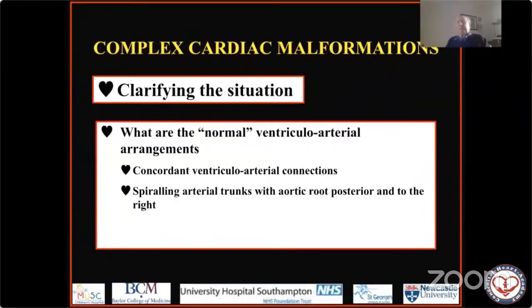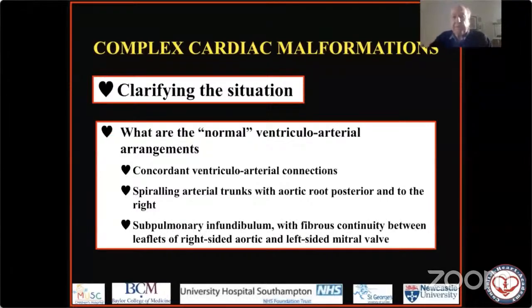But in the normal situation, the usual situation, which we see with right-handed ventricular topology, the arterial trunks are spiraling, but the pulmonary trunk spirals around the aorta, which is located posteriorly and right-sided, so that as the pulmonary trunk leaves the base of the heart, it does so from an anterior and left-sided position. This is one of the paradoxes of the usual arrangement of the heart, despite the fact that the aortic trunk arises from the left ventricle, it does so in right-sided and posterior position.